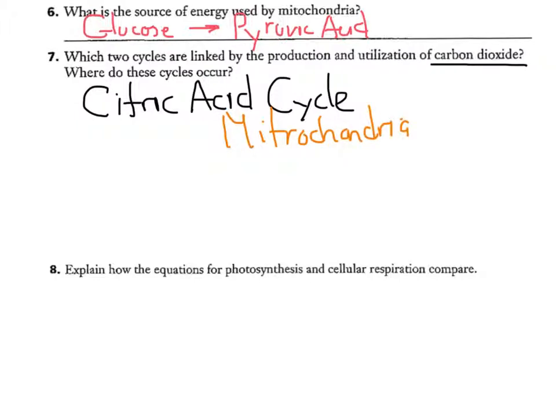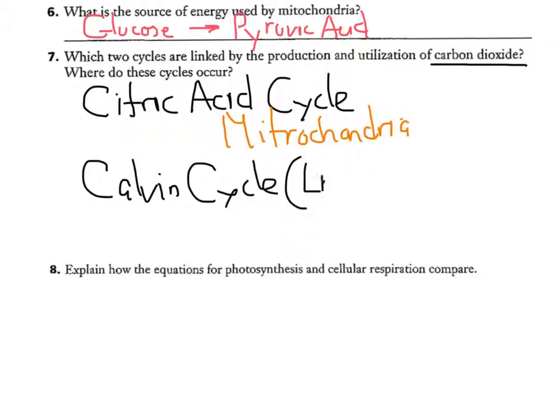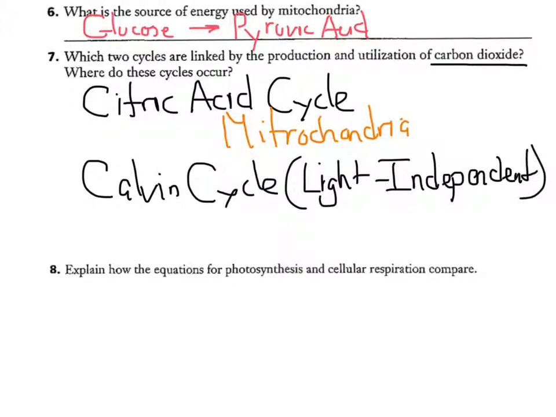And obviously that's going to be linked to the Calvin cycle, also known as the light independent reaction, which takes place in the chloroplasts.